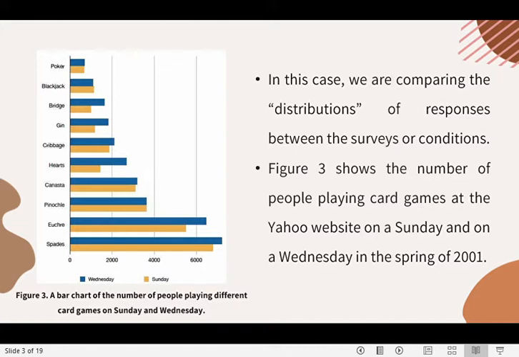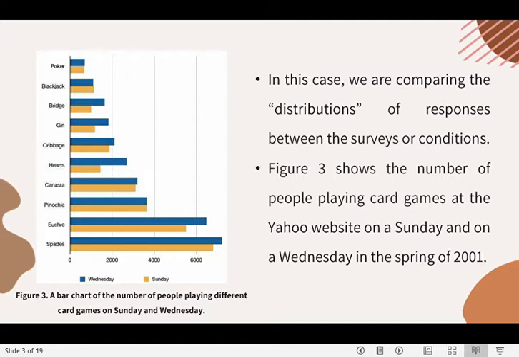So that is the y-axis, and you have the x-axis, wherein the blue color tells us that the day it was played is on a Wednesday. And then you have the color yellow, which tells us that it is played on a Sunday. Just looking at the bar chart, you would notice that most of the players are playing cards for spades on a Wednesday.